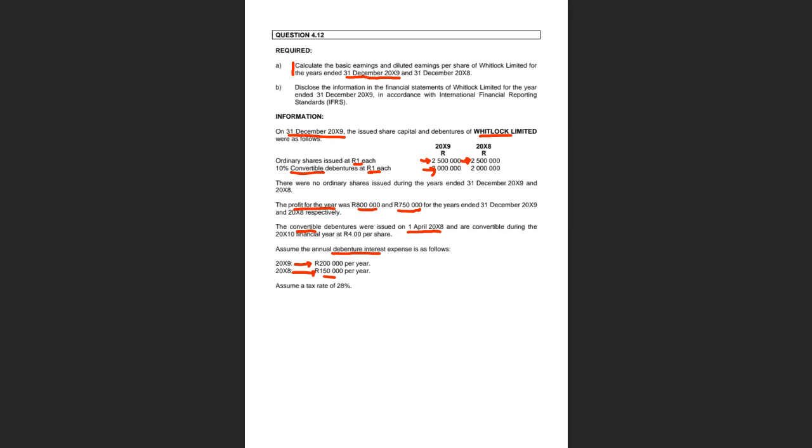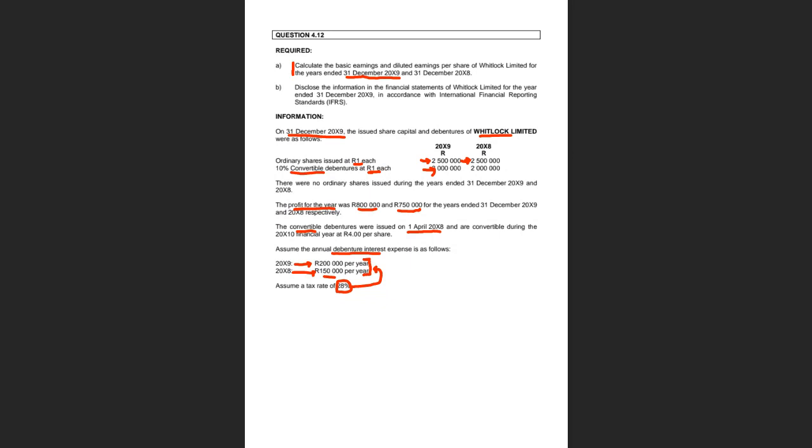Okay, and there's the tax rate. Remember, we're not taking the tax rate into account when calculating profit because that's already been done. They are giving us the tax rate so that we can calculate the after-tax effect of the convertible debenture interest. Okay, so let's start off with our calculations.